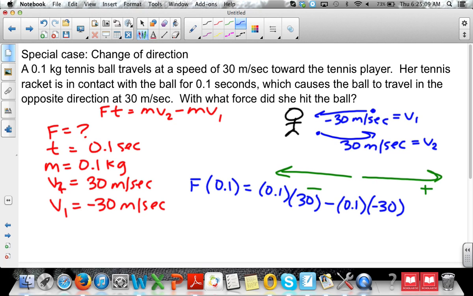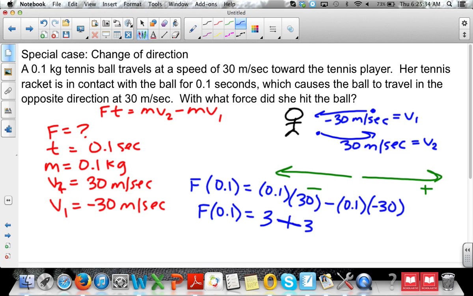Alright. So I'm going to simplify a little bit here. The left-hand side stays the same: 0.1 times 30, that is 3. And then over here I have a minus 0.1 times negative 30. That's minus a negative 3. A minus a negative, those negatives cancel and turn into one big plus sign.